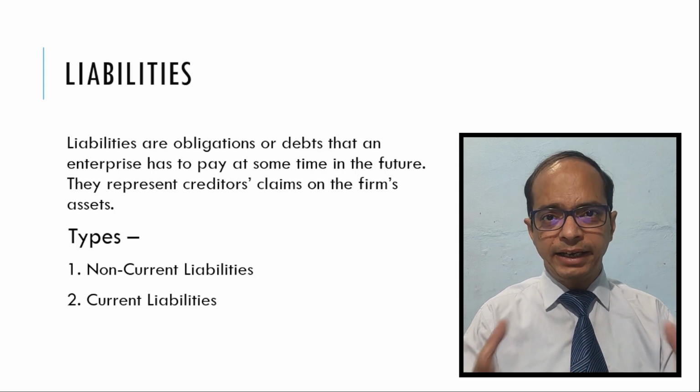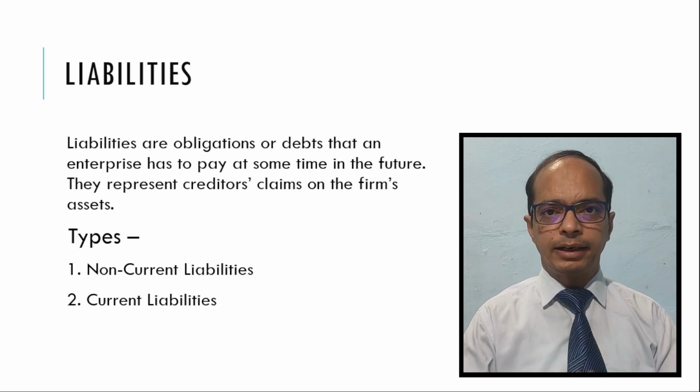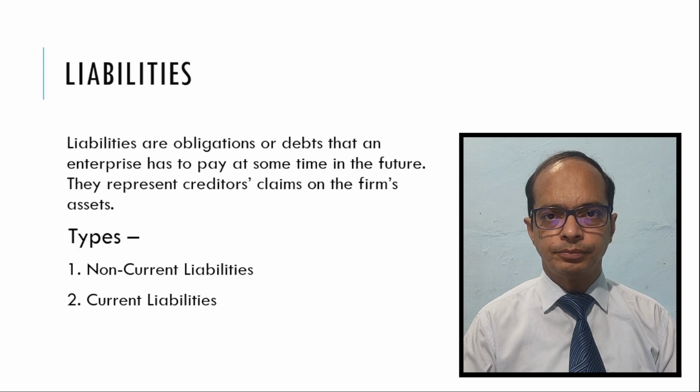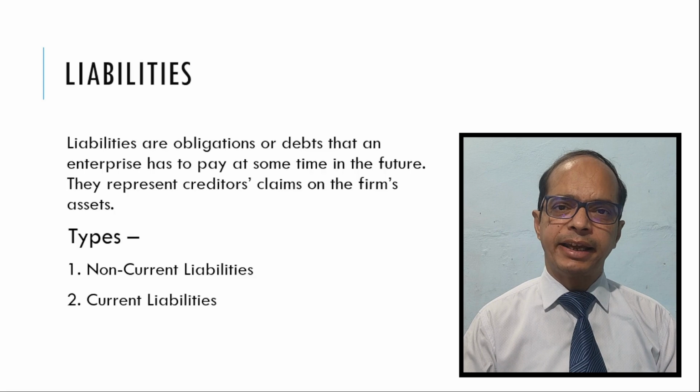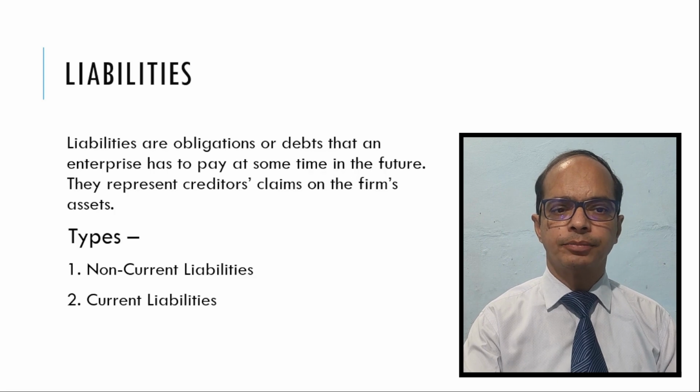Creditors and outstanding expenses are treated as current liabilities, meaning short-term liabilities. Even if a loan has been taken from the bank for a short time period, that is also treated as a current liability.